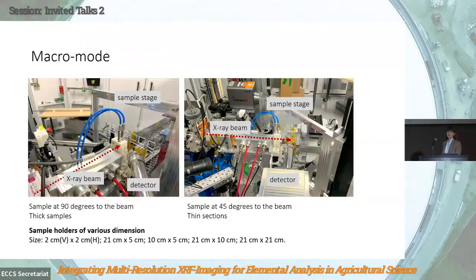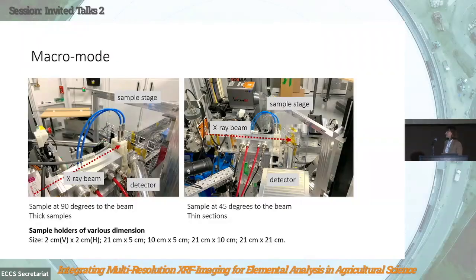If the sample is several millimeters thick, we can operate at a 90-degree stage configuration, and the detector is at 45 to reduce the parallax or shadowing effect. Or we can operate at a 45-degree stage configuration where the detector is at 90 degrees to reduce the scatter, and the samples would be a few microns in thickness.